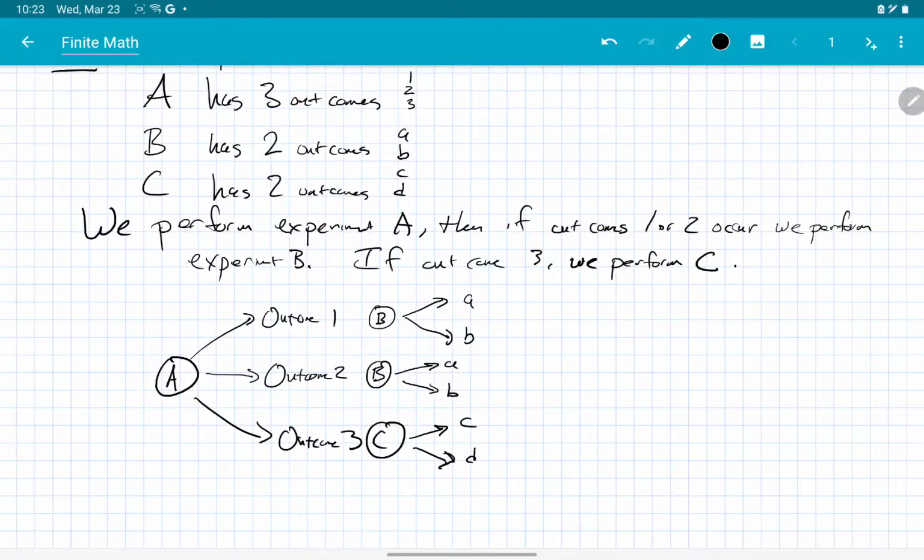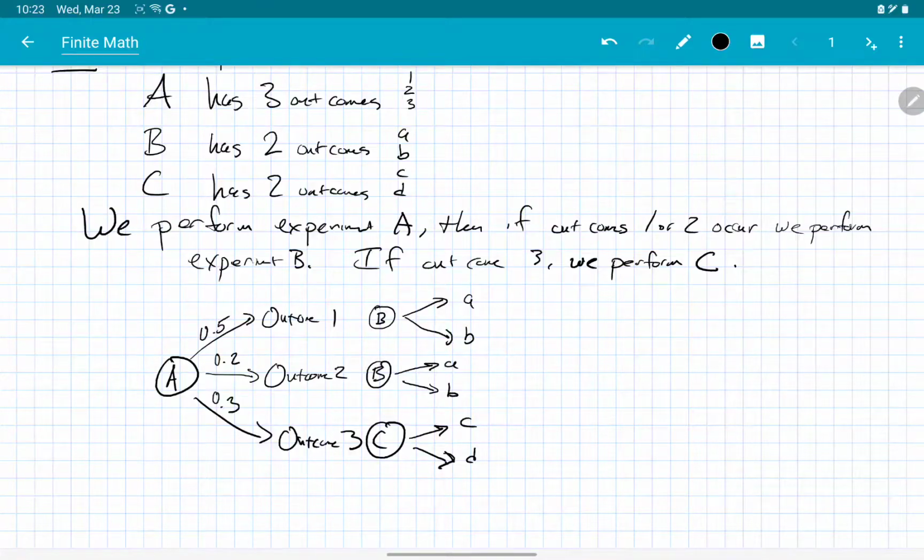And the way these diagrams are drawn, on these arrows, we're going to put the probabilities of each respective outcome. So 50% of the time we get outcome 1, 20% of the time we get outcome 2, and 30% of the time we get outcome 3.